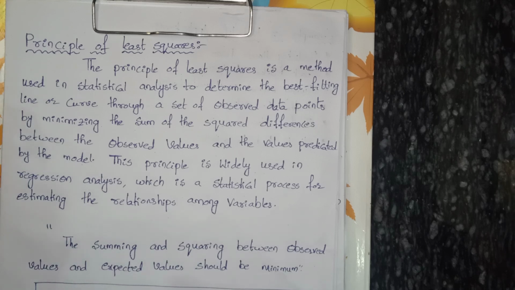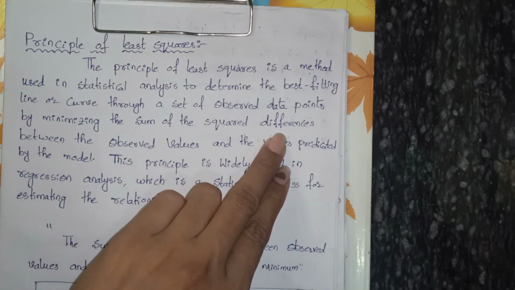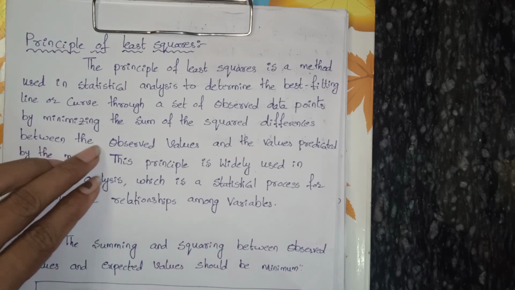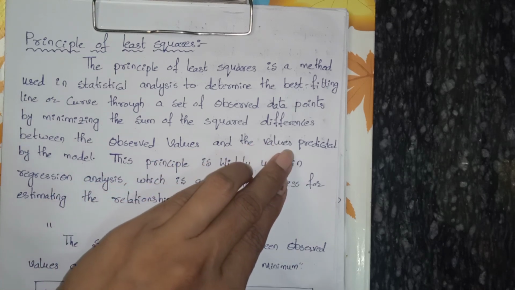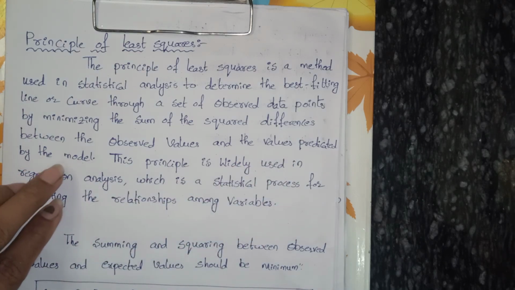Which point is the best in the given points? We use the principle of the sum of the squared differences, that is, the difference between the observed values, which we give in the question, and the predicted values, that is, expected or future values, by the model.